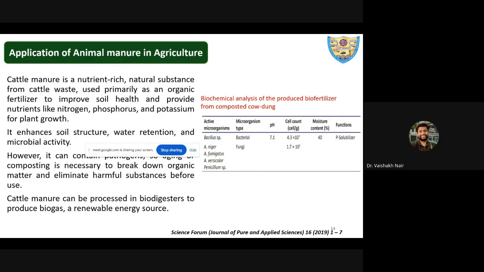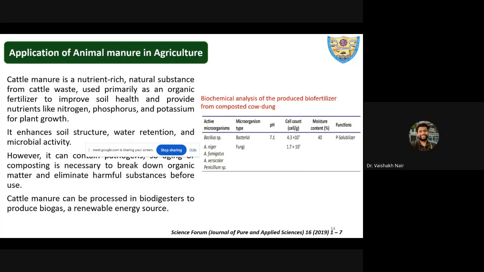I've not included the details because it's a very well-known method that farmers still utilize. You keep it for some time under certain conditions, in aerobic conditions in a pit, and you add certain organic compounds and nutrients so that you optimize the conditions and finally get a powdered dry material.